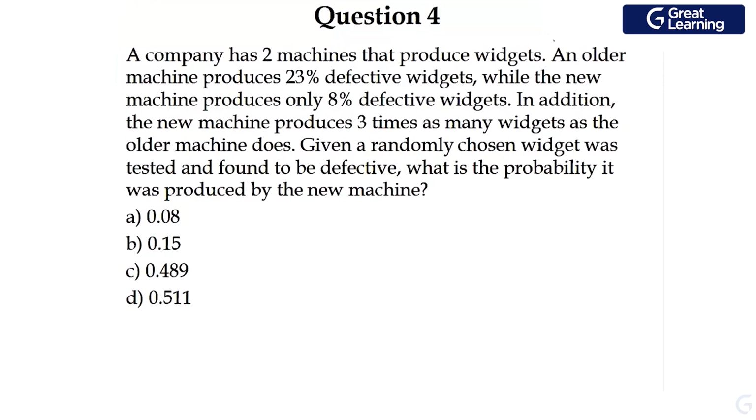In addition, the new machine produces 3 times as many widgets as the old one does. So I'm complicating it slightly. If the old machine produces 25, the new machine produces 75, total is 100. That's a trick. Given that a randomly chosen widget was tested and found to be defective, what is the probability it was produced by the new machine?